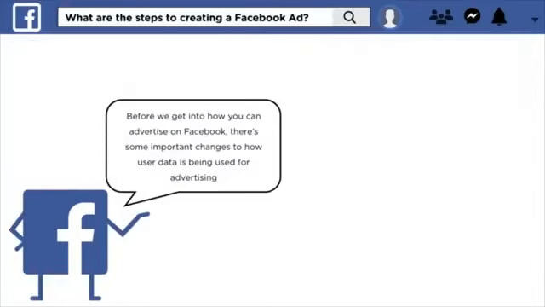So before we get into the steps for creating an ad on Facebook, let's talk about some of the important changes that have happened on Facebook recently in light of data sharing. Really what Facebook's done is they've made an important change on how user data is being used for advertising.